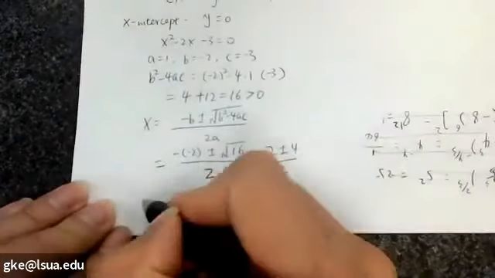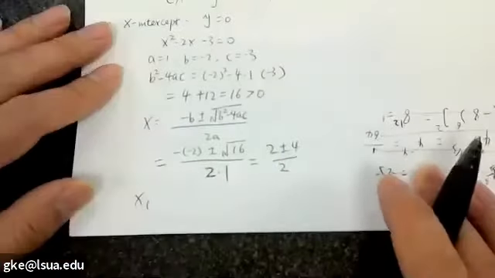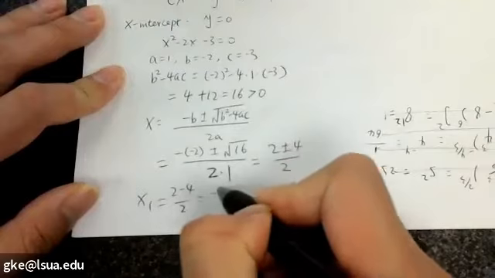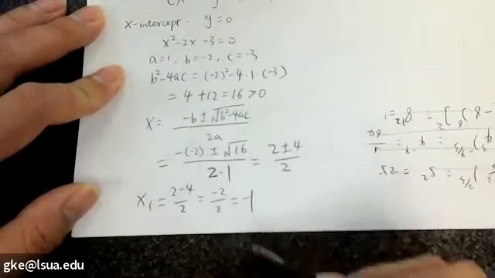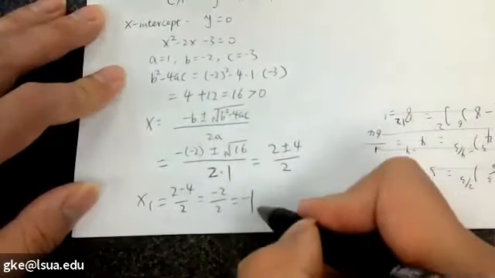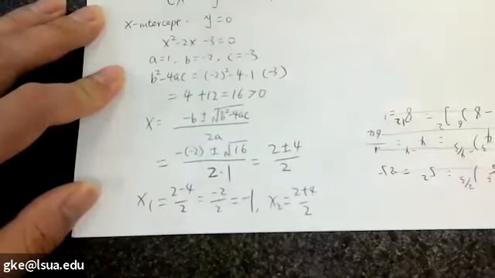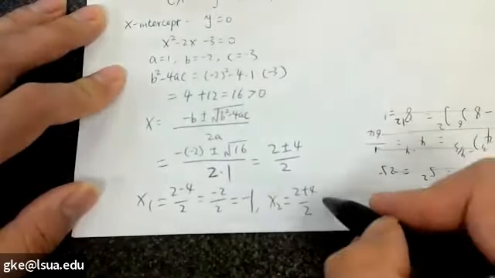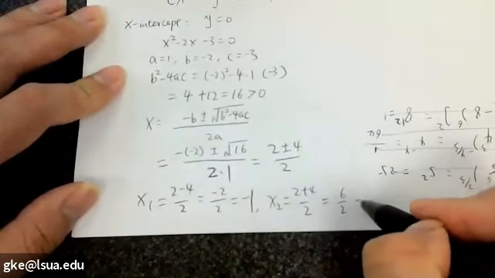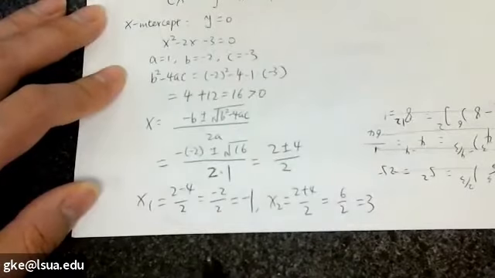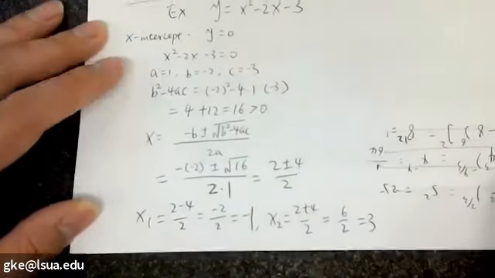So I have 2 solutions. One is x1: 2 minus 4 divided by 2, which is -1. Another one is 2 plus 4 divided by 2, and 6 divided by 2 is 3. All right, so we get 2 solutions.